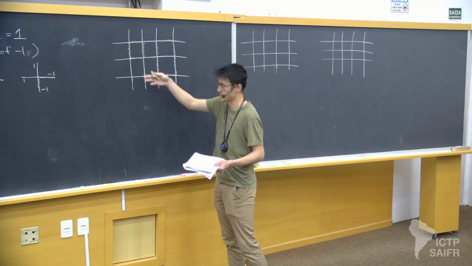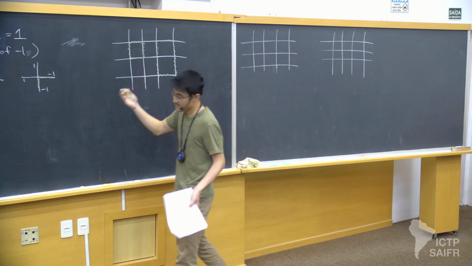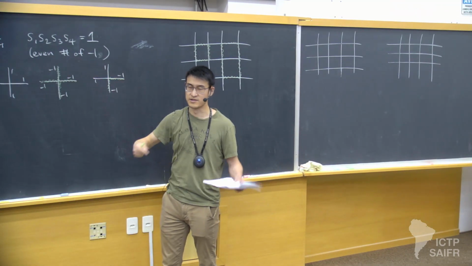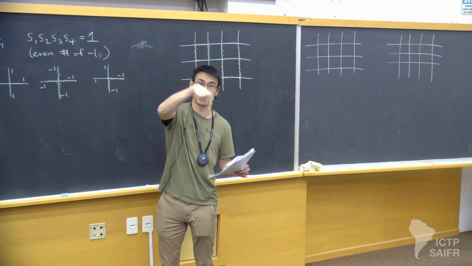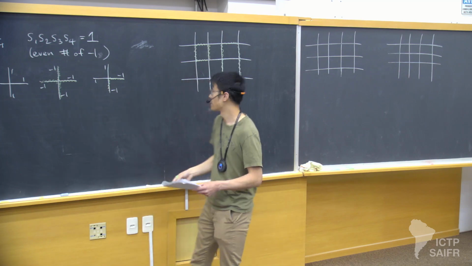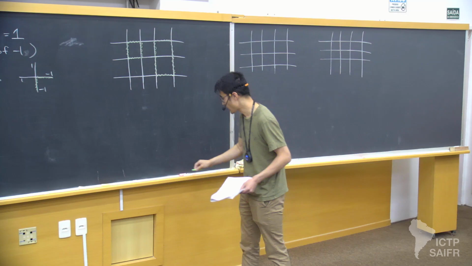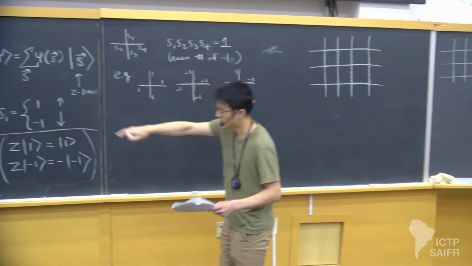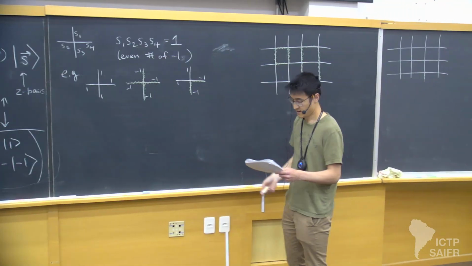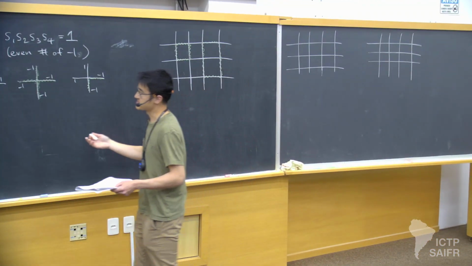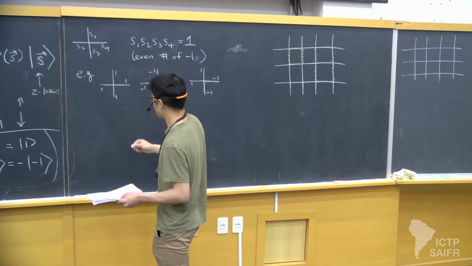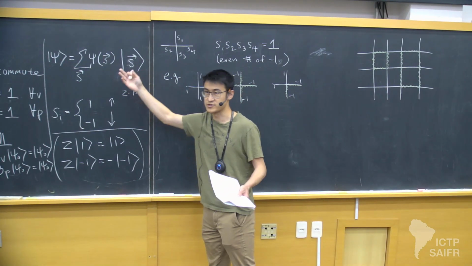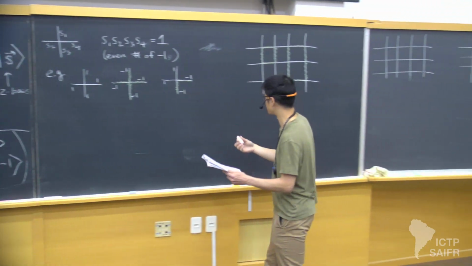Because anytime I have a loop configuration of -1s, that's basically the definition of there being an even number of -1s. A loop is when you have something entering and something exiting a vertex. Okay, so we see that this A constraint, AV equals 1 for all V, basically means that these spin configurations in my wave function must be loop configurations.